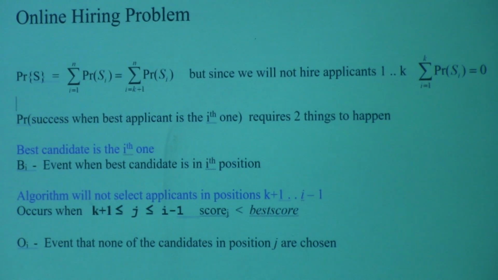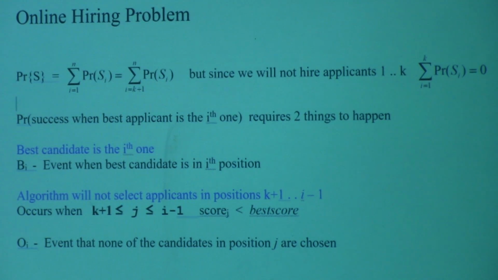So the probability of success, this is the one right here, P of S sub i. The probability of success when the best applicant is the ith one requires two things to happen. This is important. Number one, the best candidate must be the ith candidate.